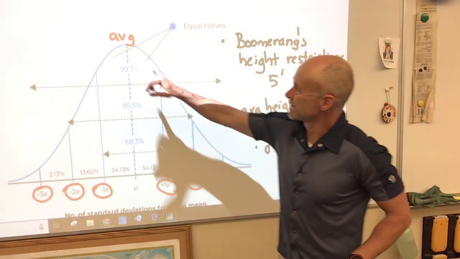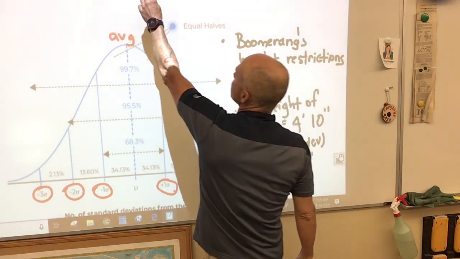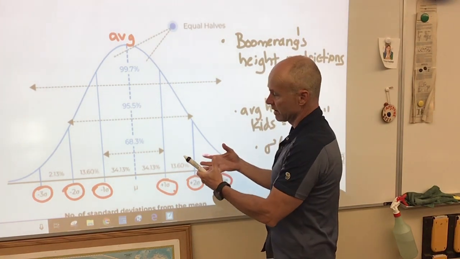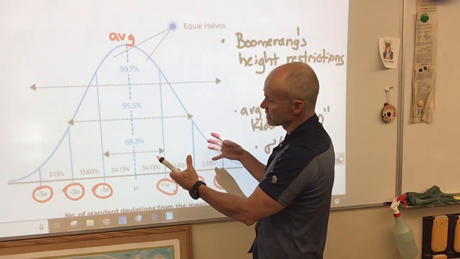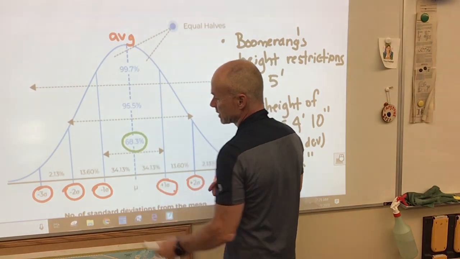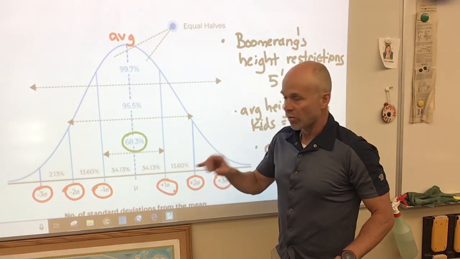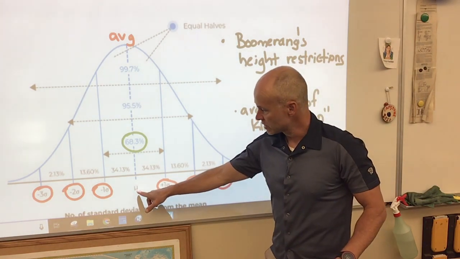What's also important is these numbers here. These numbers tell us the percent of people who fall inside that standard deviation. So about 68% of people fall above and below one standard deviation from the average.